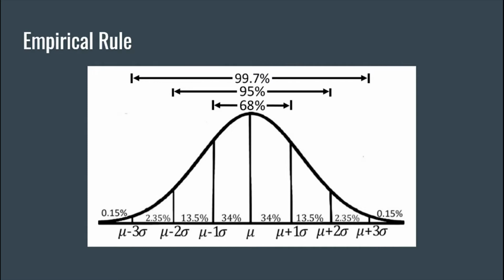Like I mentioned, normally we use this with normal curves, that is symmetric bell curves. Right here in the middle is our mean. This is the Greek letter mu. We use this to mean population mean, and I'll go over that in a different video, so don't worry about that too much. Just know that this symbol right here means mean.